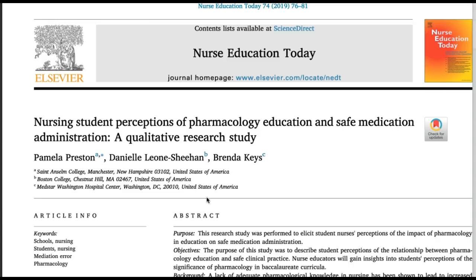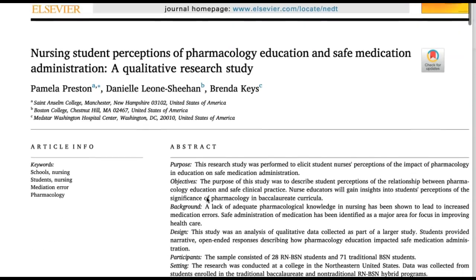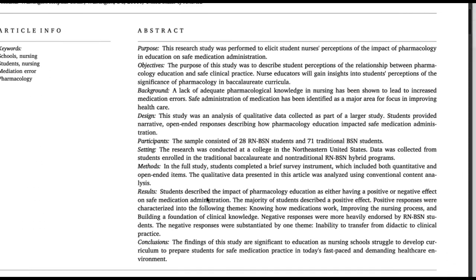You want to have the full article, not just the abstract, but the abstract helps us understand whether we will continue to look at it, and sometimes whether we absolutely won't, but you have to have more than the abstract. In this abstract, it does say the study was an analysis of qualitative data collected as part of a larger study.